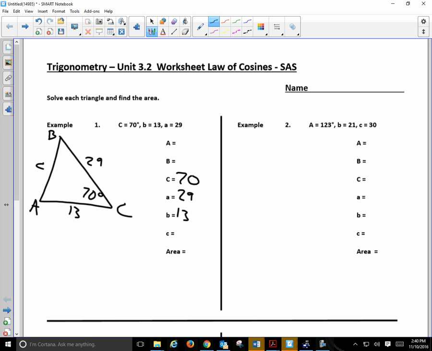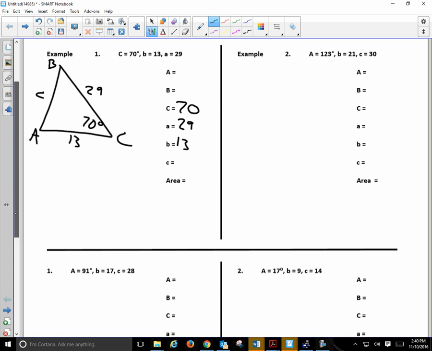Angle, side, angle? What is it? Side, angle, side. Side, angle, side says I use the law of cosines. Which side are we going to look for? C. C squared is equal to A squared, which is 29 squared, plus B squared, which is 13 squared, minus 2 times 13 times 29 times the cosine of 70.